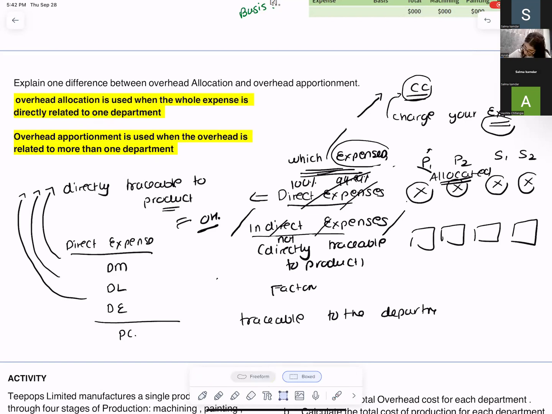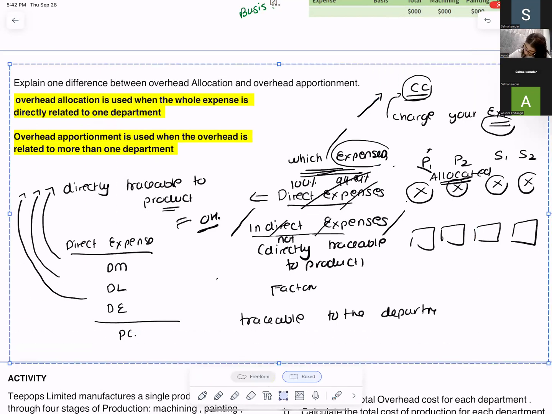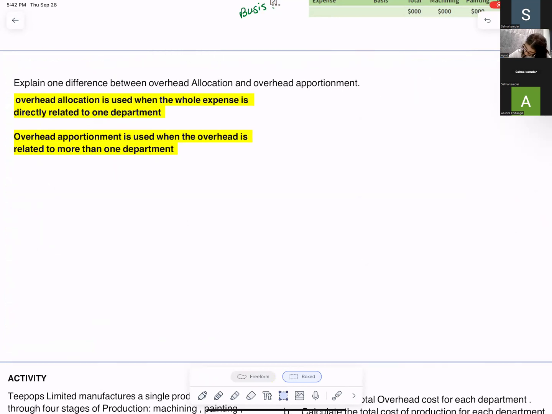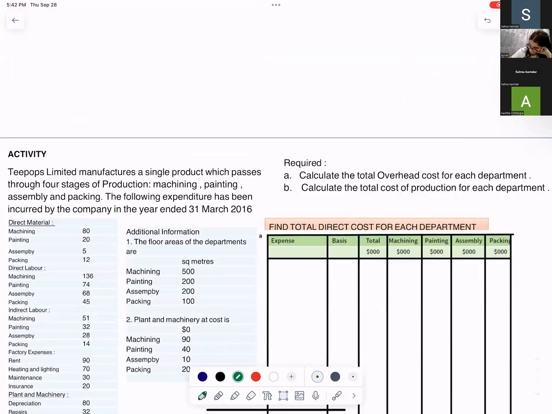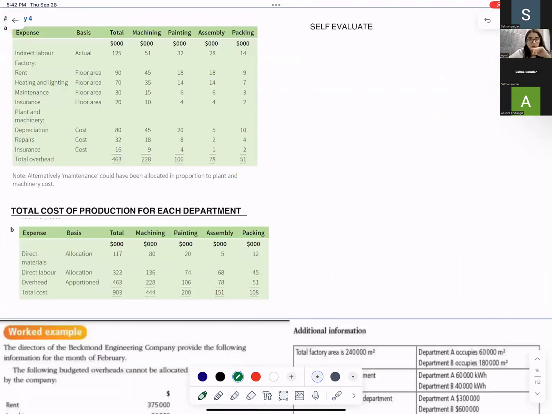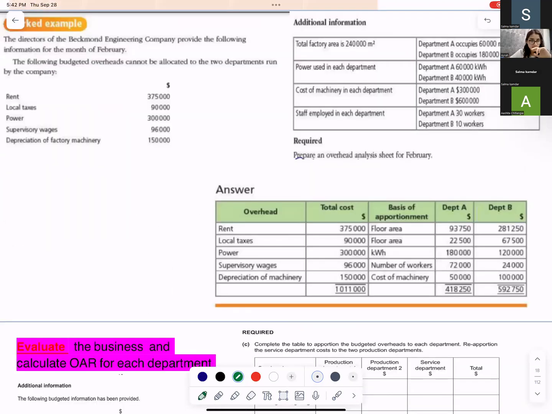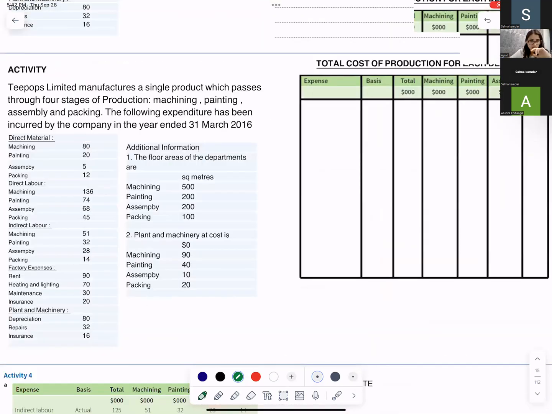My basic target over here is to distinguish between allocation and apportionment. They will ask you as past paper questions. In every alternate sum there is a question related to it. What is the distinction between allocation and apportionment?